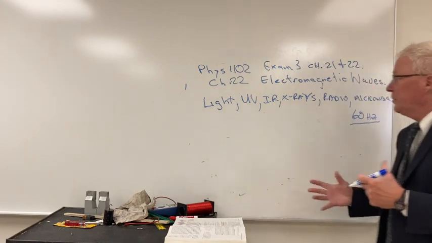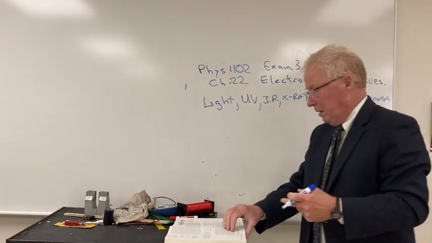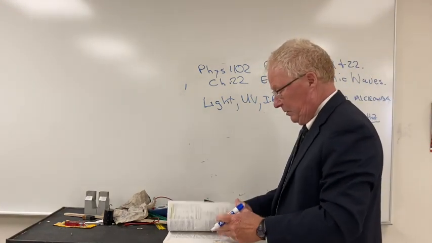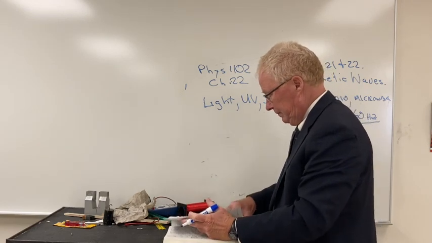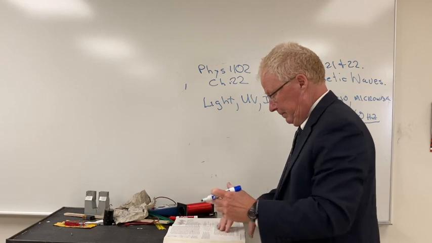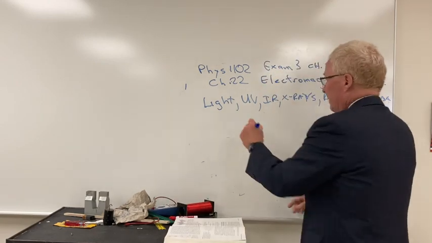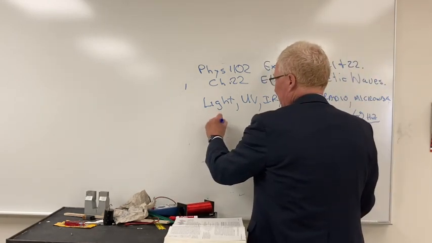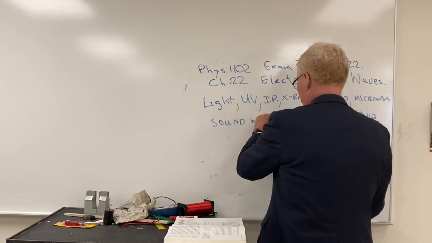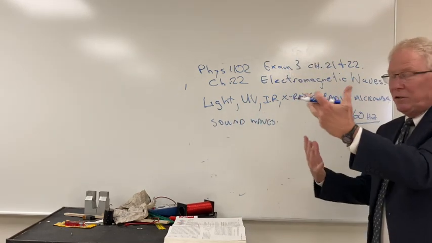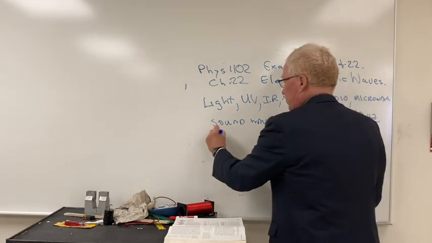Light, we talk more about waves. We have in the past talked about waves when we did sound waves. Sound waves, when I talk, are what we call compression waves.